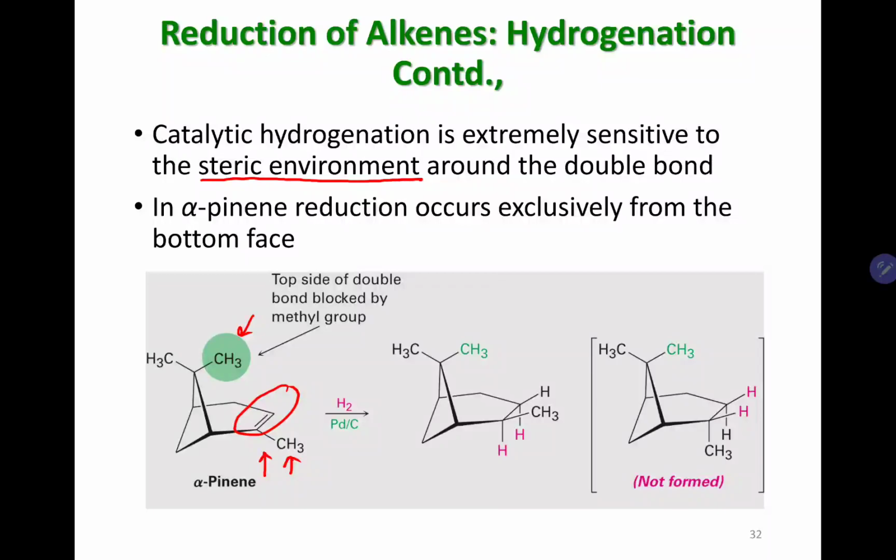Therefore the hydrogens will be present in the bottom plane. You will almost never see the two hydrogens on the top plane. Why? Because of the steric environment. So keep an eye on cycloalkenes, or keep an eye on steric environments. Those are the only things that you have to worry about when you are doing a hydrogenation reaction. Otherwise, it is a very straightforward reaction.